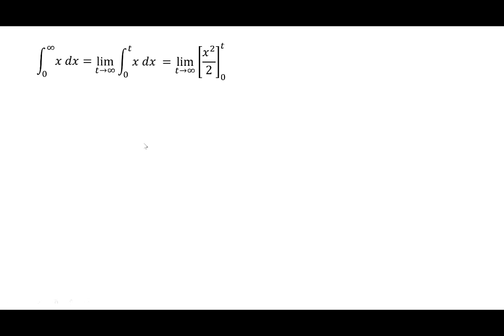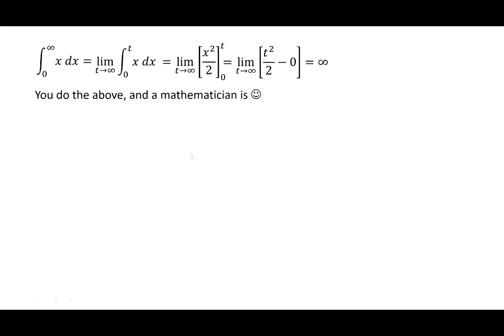And the rest of it is the same. You integrate and you get limit of t squared over 2. And now, what is the limit of t squared over 2 as t approaches infinity? Yep, that is infinity. And like I said, that is mathematically accurate. You do the above and a mathematician is happy.